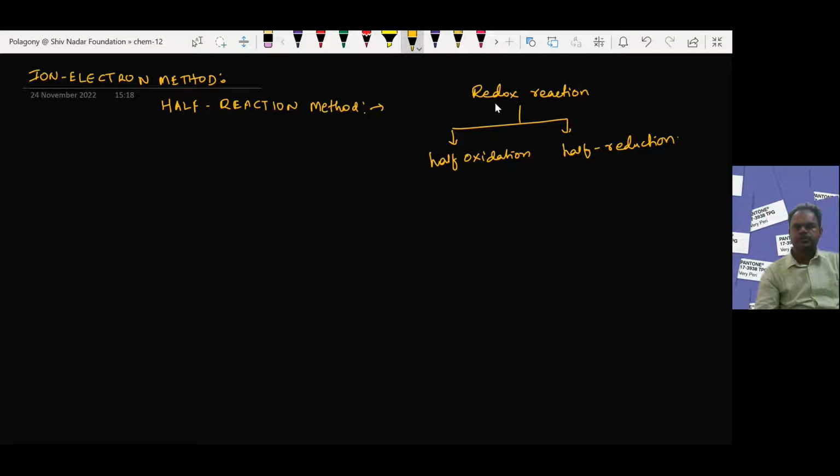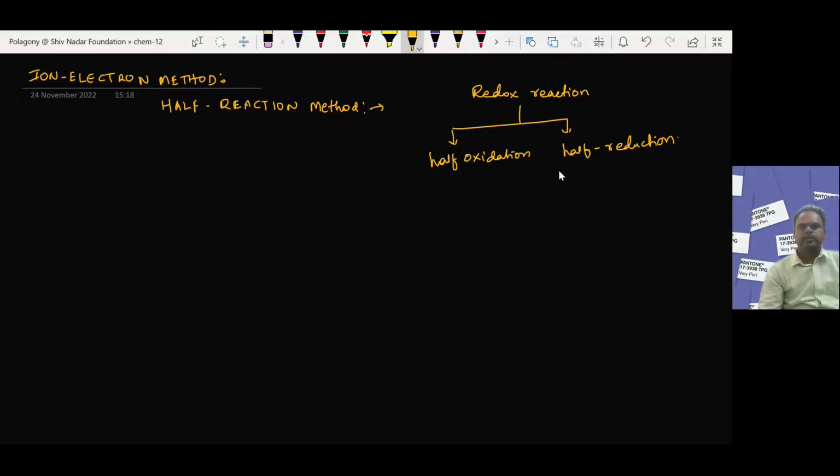We must divide the chemical reaction into half oxidation and half reduction. First we balance the half oxidation and the half reduction. You can do either first, half reduction then half oxidation.